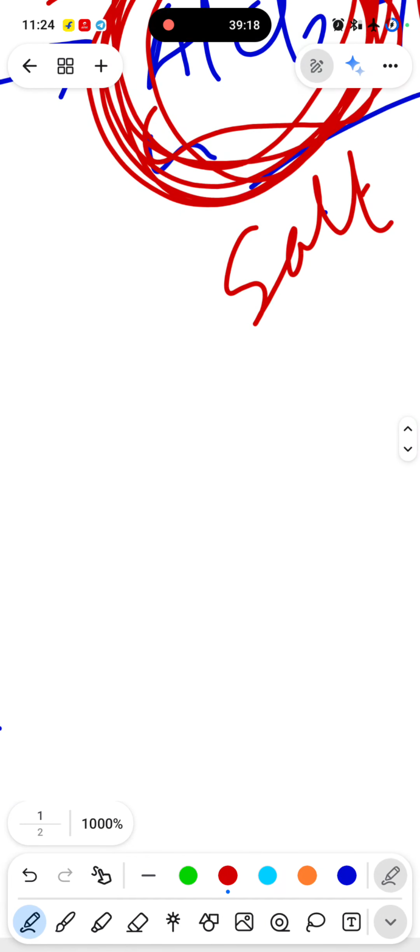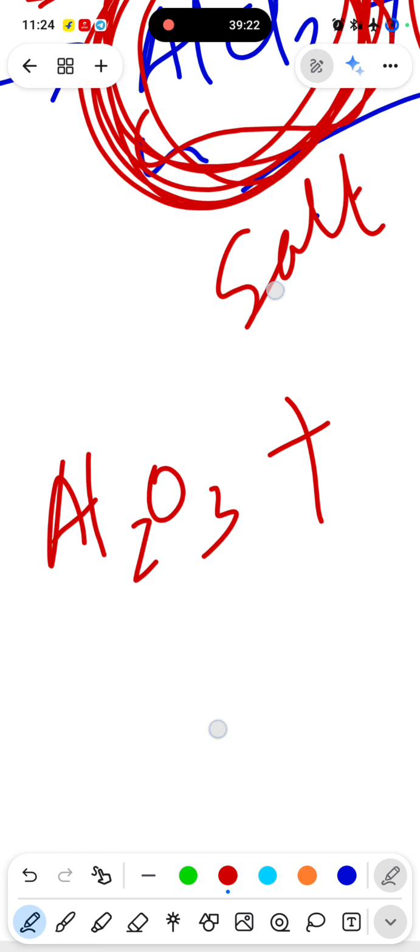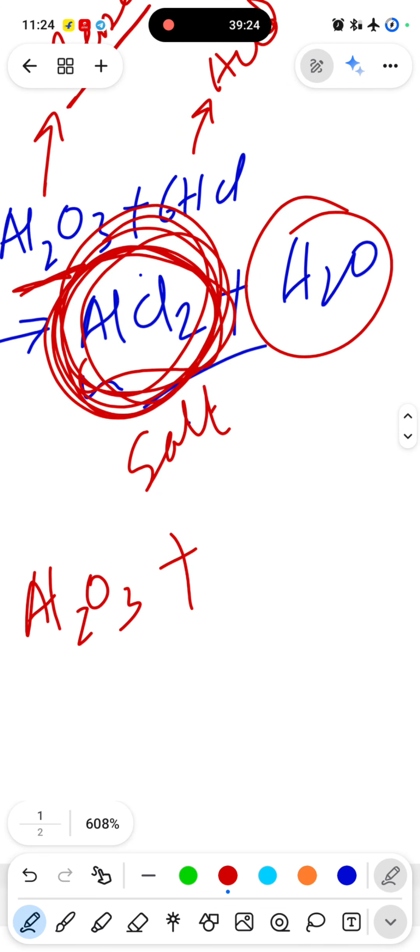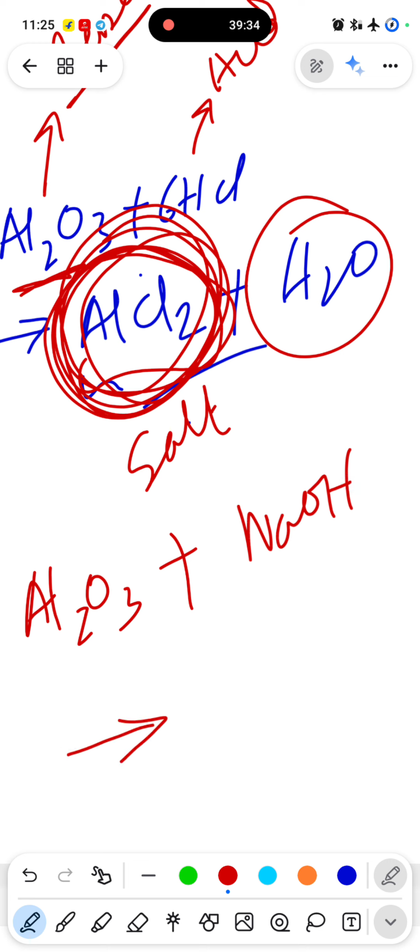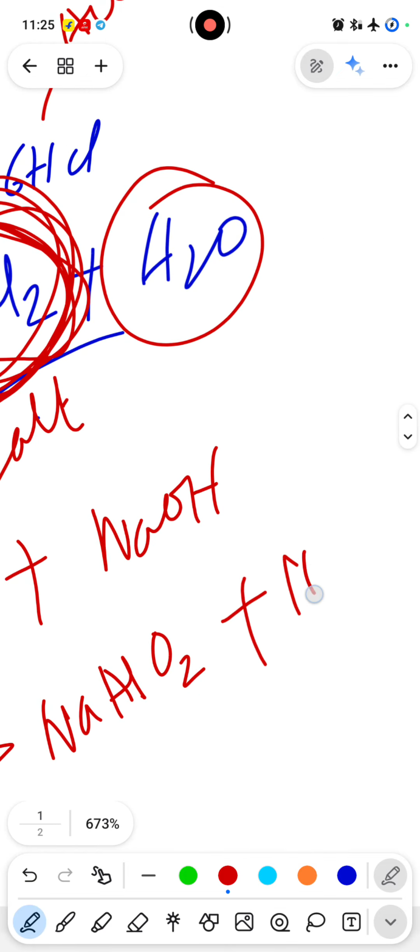And if I add this aluminum oxide to sodium hydroxide, that is NaOH, that is a basic solution, then a strange thing we will notice that it will form sodium aluminate, that is NaAlO2, plus H2O.